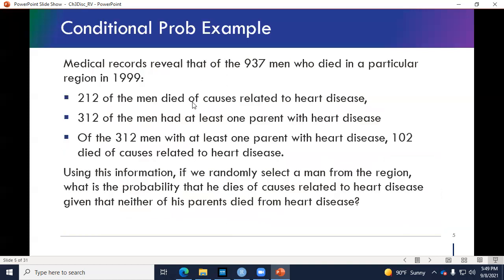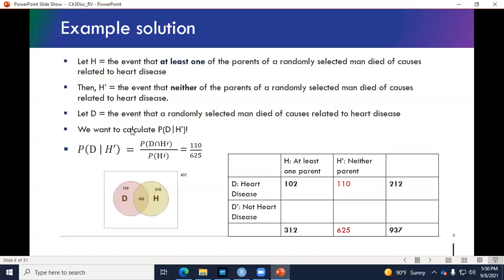For this type of question, you would always want to go back and read it again and again, because that's the way to get the information from it. If we randomly select a man from the region, what is the probability that he dies of causes related to heart disease? So this is our event D, given that neither of his parents died of heart disease. That's the event H prime, right? So we are calculating this probability of D given H prime.